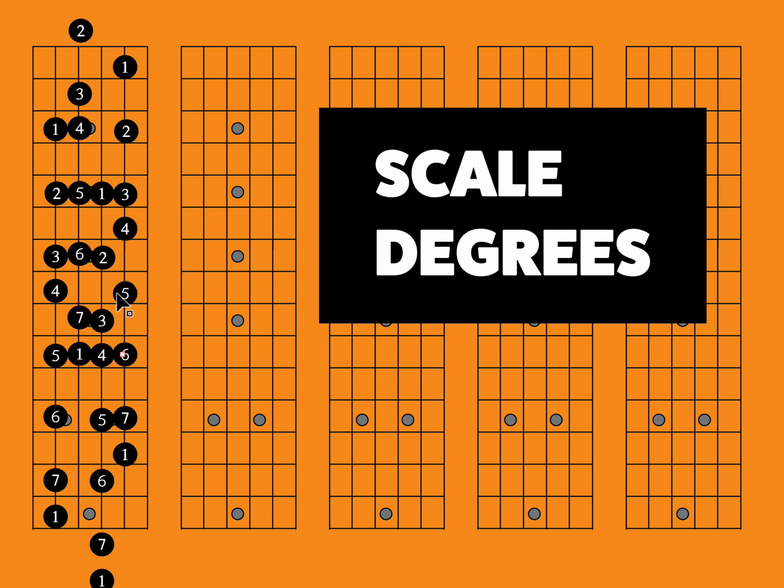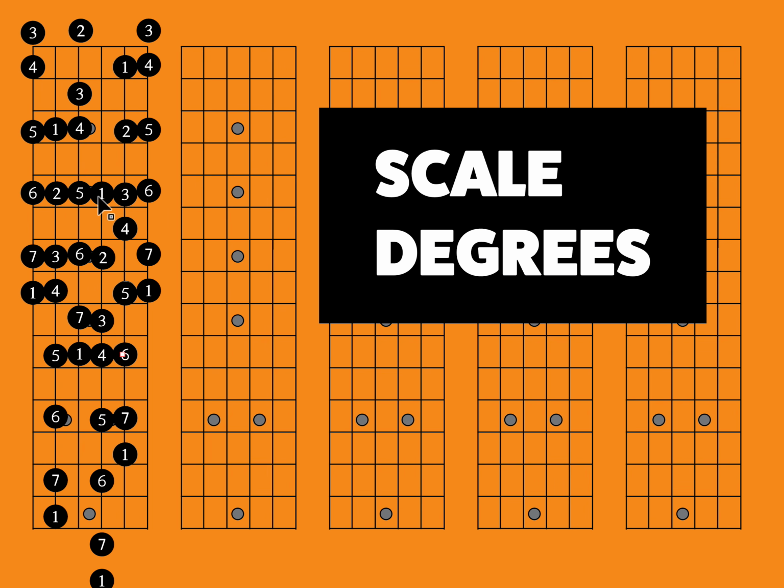and let's see, we've got the E string right here, the E string right here. The E is the 3 of C. Here we start to reveal all the intervals.